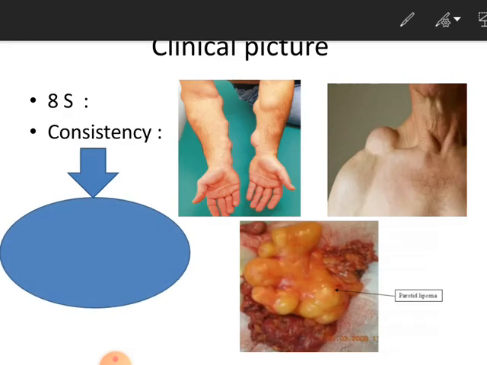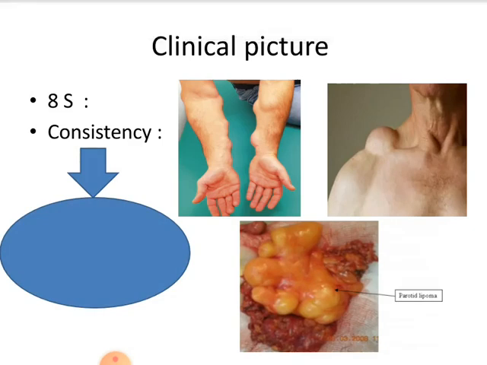Lastly, the consistency of the lipoma. Lipoma is pseudo-fluctuant. What's the meaning of pseudo-fluctuant? We know that to differentiate between cystic lesions and solid lesions in surgery in general, we do what's called the fluctuation test. The fluctuation test differentiates between solid lesions and cystic lesions. Cystic lesions have fluid which moves inside the cyst, leading to fluctuation.